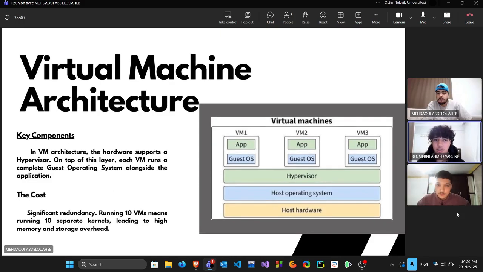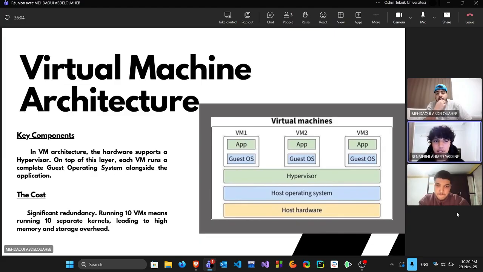Now, let's look at the architecture. Starting with Figure 1, this diagram illustrates how virtual machines are structured. At the bottom, we have the host hardware. Sitting directly on top is the hypervisor. You can see that for every app, App 1, App 2, and App 3, there is a complete guest OS block.